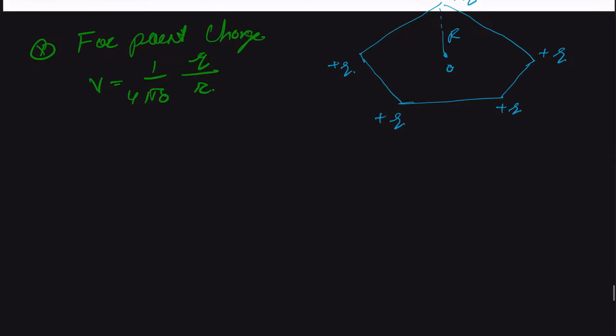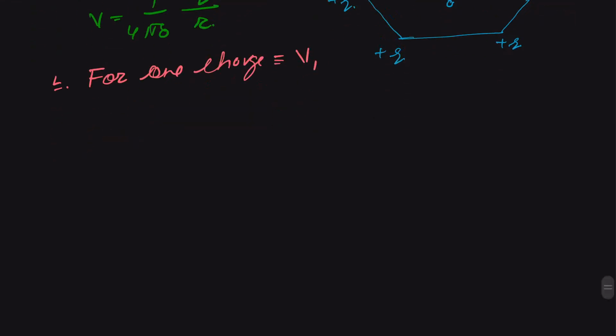Therefore, from the given question, for one charge, let us suppose the potential is V1. Therefore, we can say that our V1 will be equal to k q upon r.